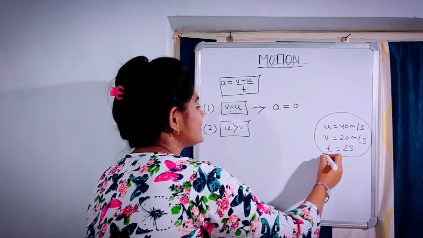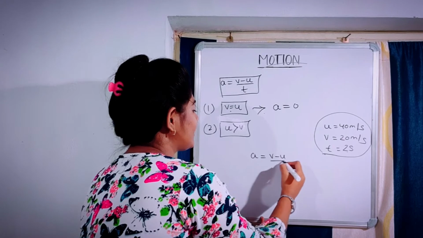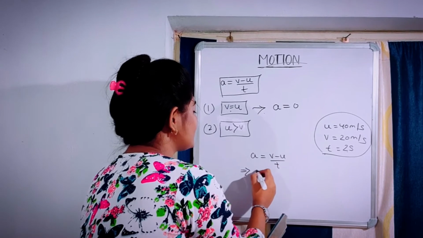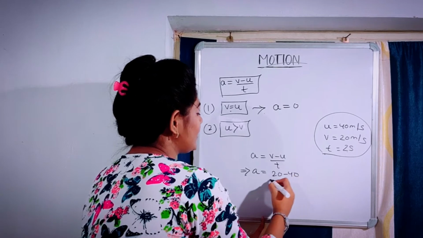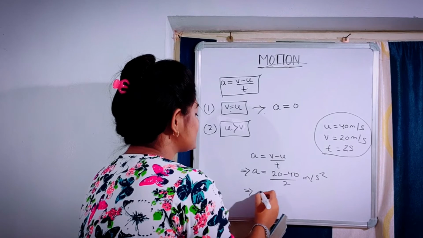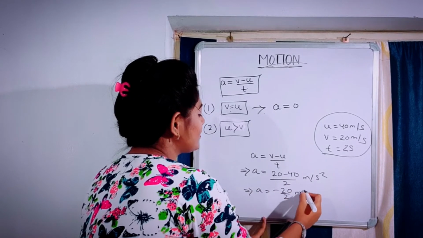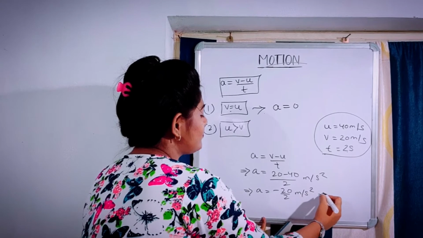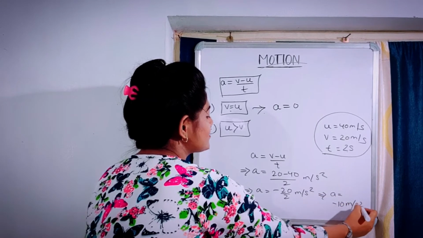Now we will find the acceleration here. Acceleration is a = (v - u)/t. This implies a = (20 - 40)/2 meter per second square. This implies a = -20/2 meter per second square. This implies a = -10 meter per second square.